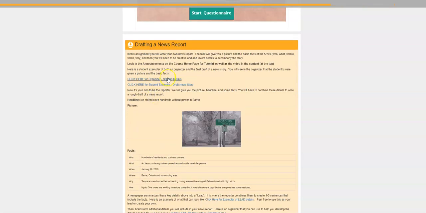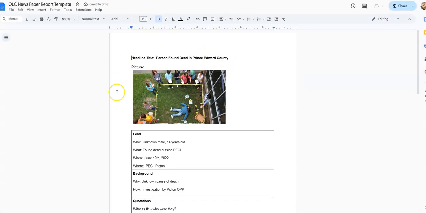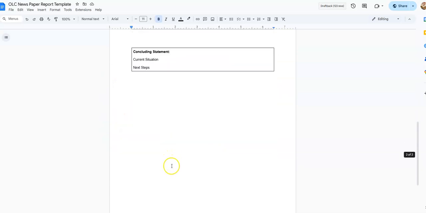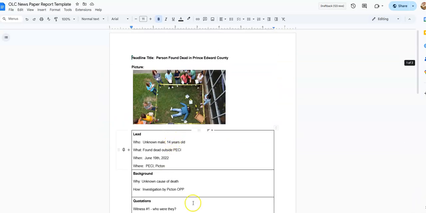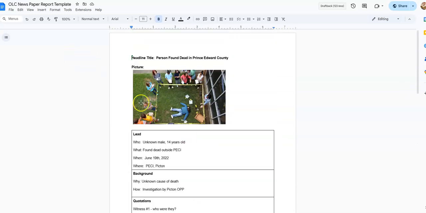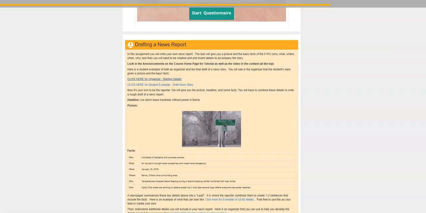Okay, so first of all, here are some exemplars about some of the starting details. And for this particular story, this student filled out most of it, and there were a few blank spaces just because they had written a different part, but this was the beginning of it.